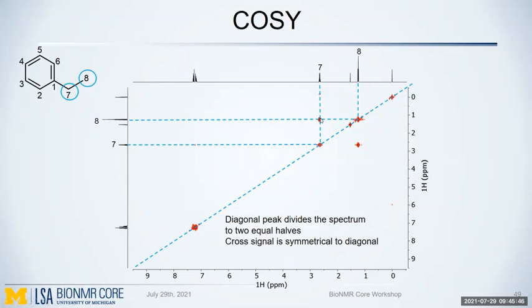This cross peak shows that proton 8 is coupled to proton 7 in the COSY spectrum because they are only 2 to 3 bonds apart. You also notice the diagonal peak. Those diagonal peaks are just the proton coupled to itself. The other cross peak shows you the same information because they are symmetrical to the diagonal, showing that 7 is coupled to 8.